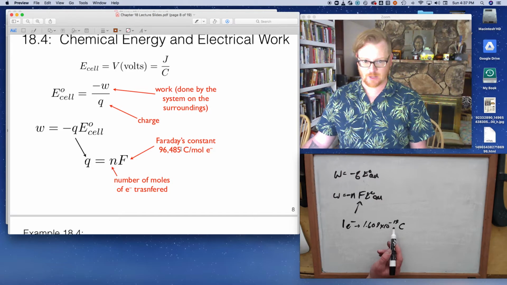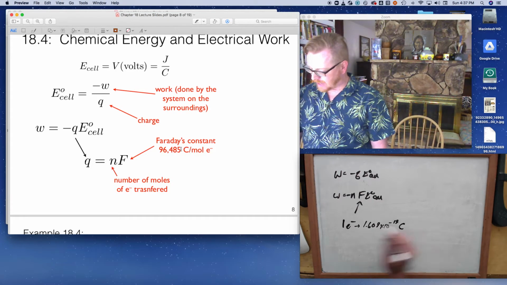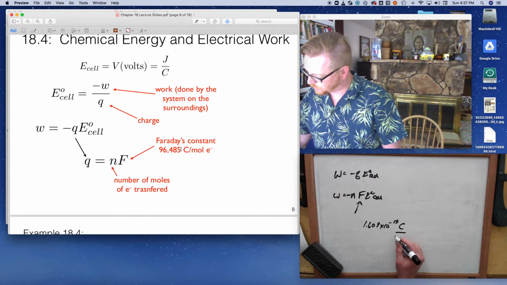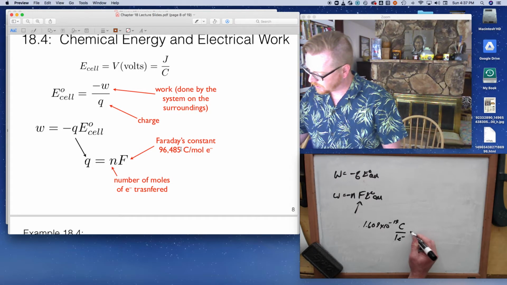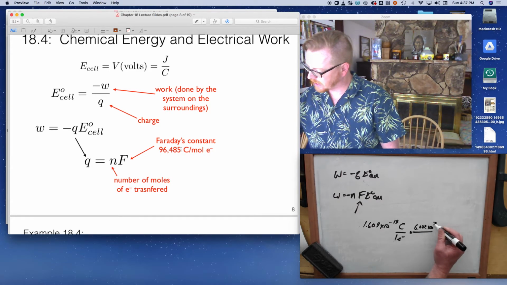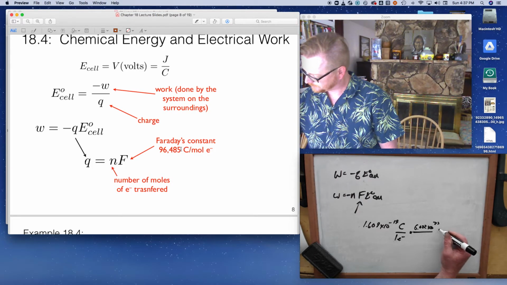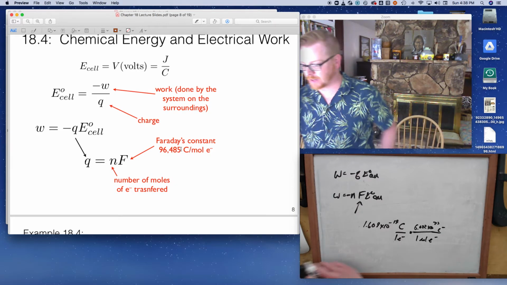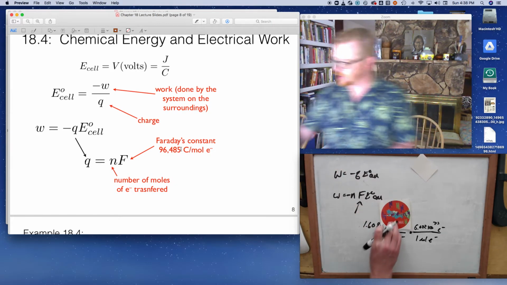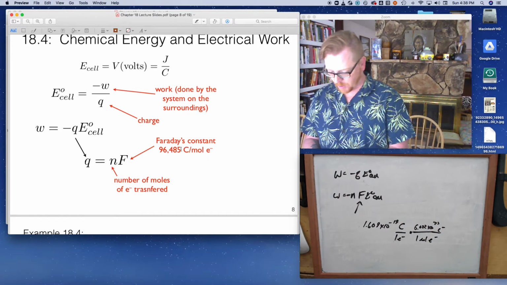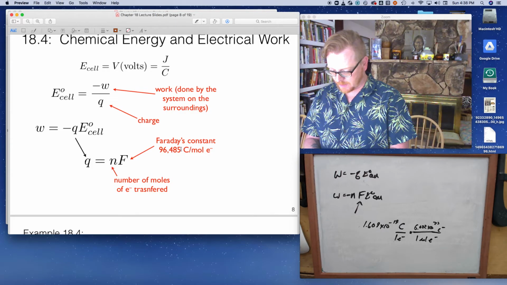Okay? But now, if we do dimensional analysis on this, we know that's coulomb per 1 electron, and I know that 6.022 times 10 to the 23 electrons makes 1 mole of electrons. So if I multiply those two numbers together, 1.609 e to the minus 19, or is it 1.602?